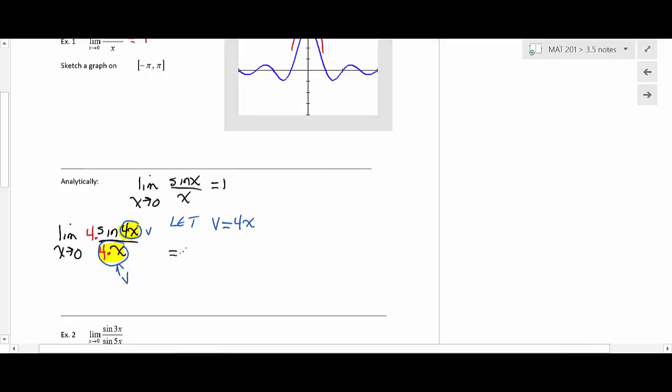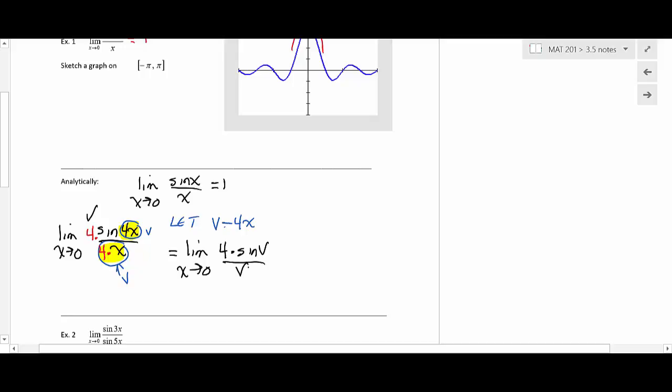That means we would now have the limit as x goes to 0 of sine of v all over v. Oh, I'm missing something. I'm missing my 4. You still have that leftover 4, so you have to be careful about that. That leftover 4 is still there, so you'd have 4 times sine of v all over v like that.